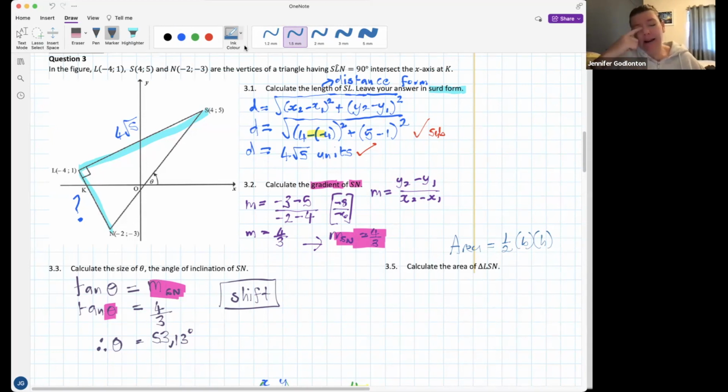Okay, so Pythagoras, you could technically use Pythagoras, but we use Pythagoras to find the lengths of sides. We don't have the length of SN, so you would have to find the length then anyway of one of the extra sides before working out the area.